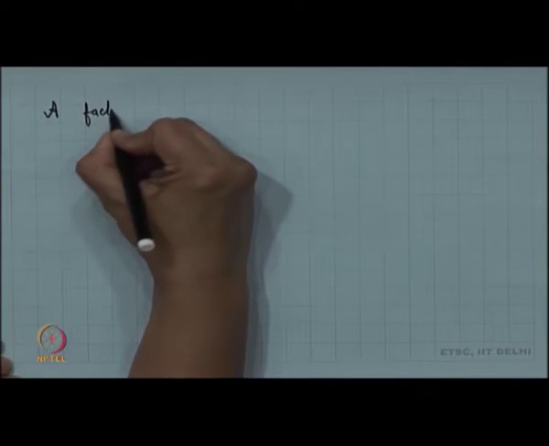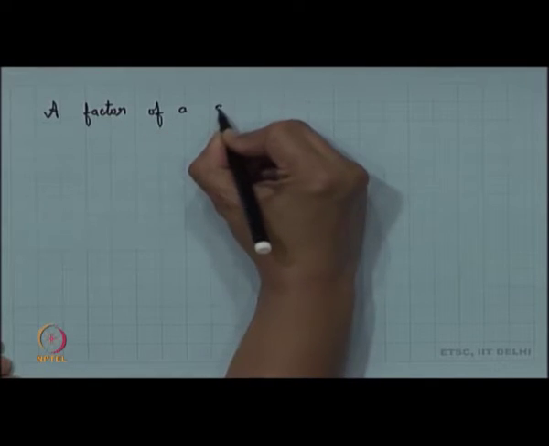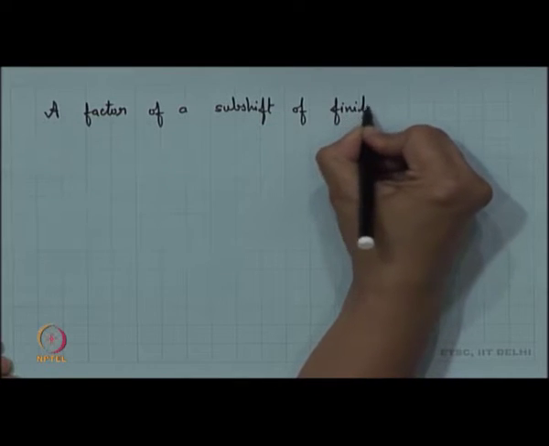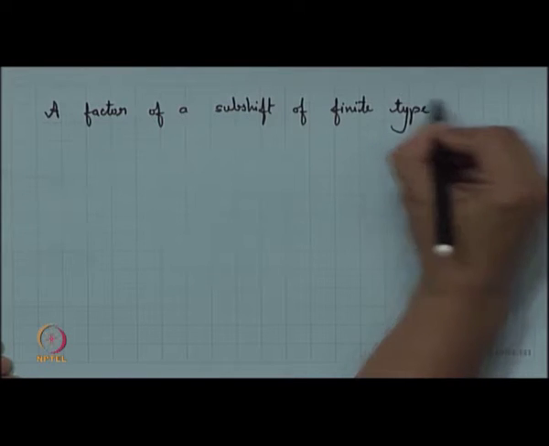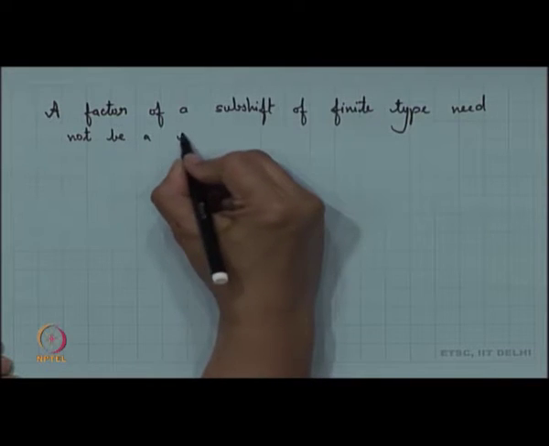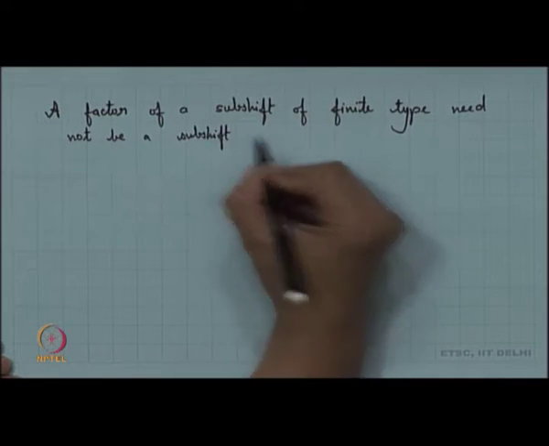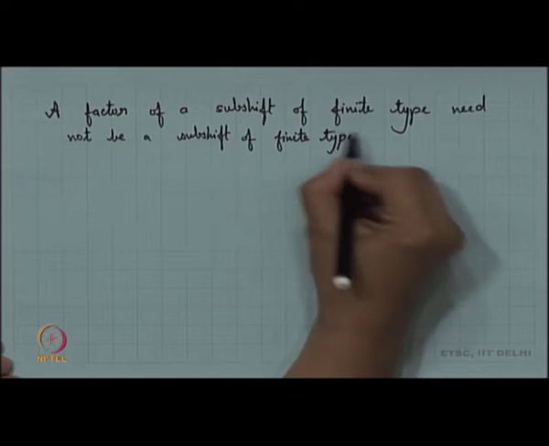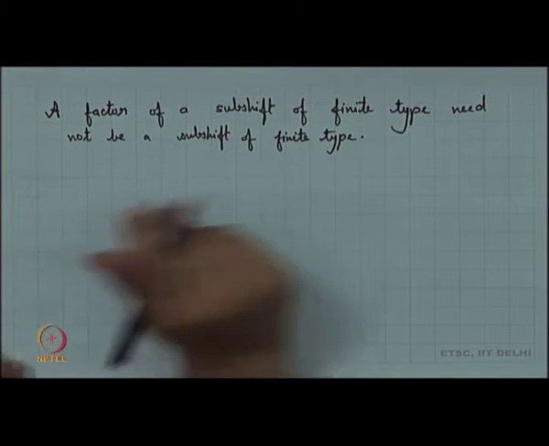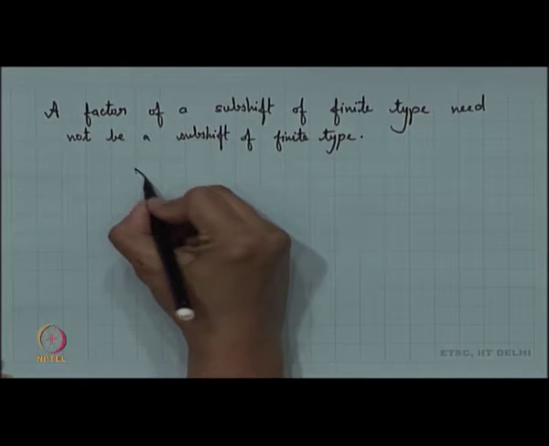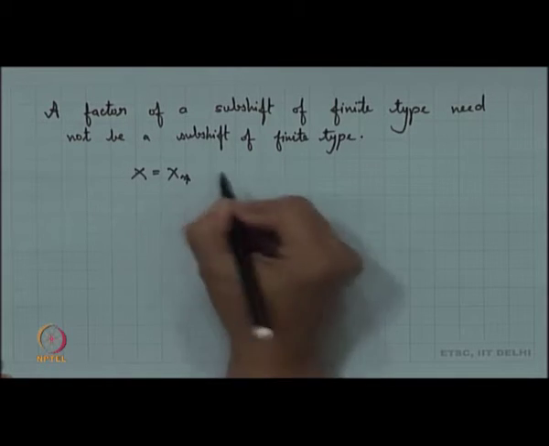All we want to say is that a factor of a subshift of finite type need not be a subshift of finite type. Now, we can think of this example. Let us take our simple golden mean shift, the standard example.